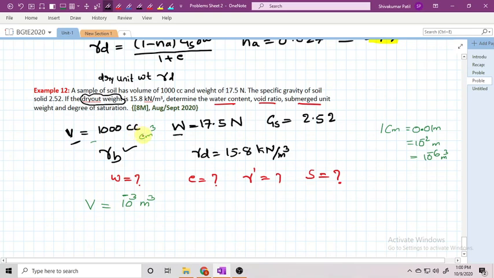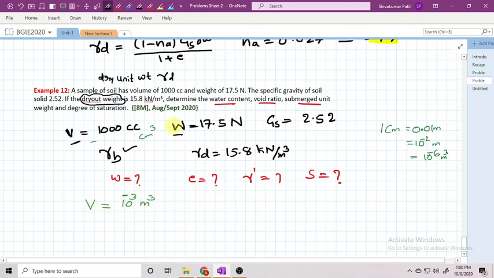What I did is convert cubic centimeter into cubic meter. 1 centimeter equal to 10 to the power of minus 2 meter, and since a volume has three dimensions, length, breadth, and height, I add minus 2 in all three directions, so it becomes 10 to the power of minus 6 cubic meter. Adding plus 3 and minus 6, you end up with minus 3 cubic meter. So this is the volume.